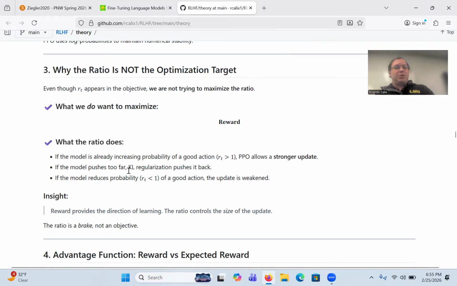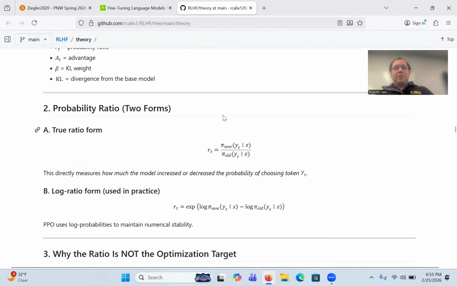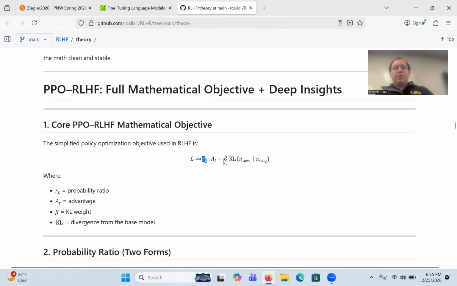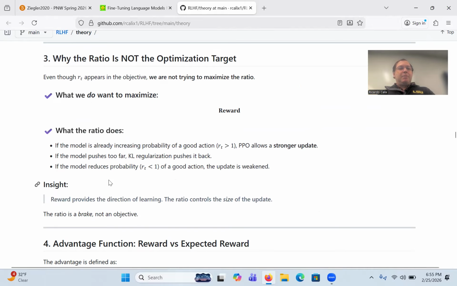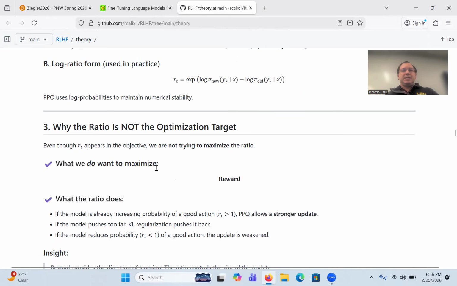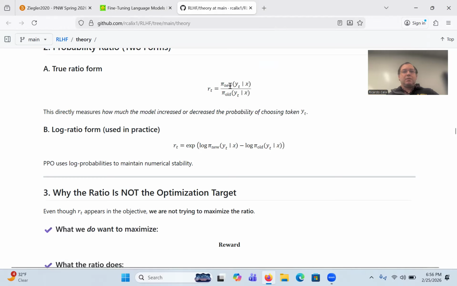If the model pushes too far, KL regularization will push back, so that's the KL component, right? That's where was it? Here, right? The KL component also keeps you kind of stable. And then if the model reduces probability, right, that means that ratio is negative. So that's essentially negative because this had a lower probability than before.